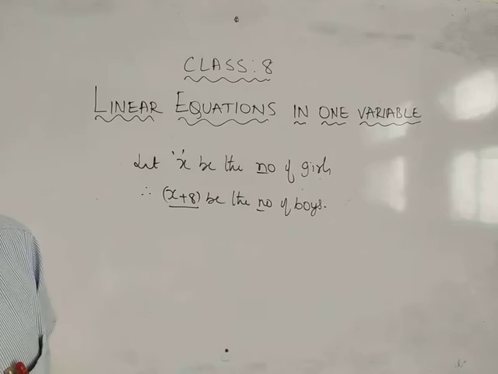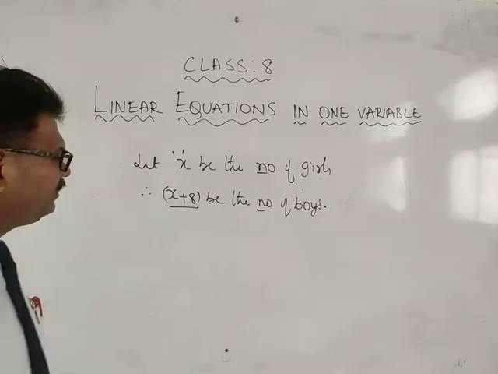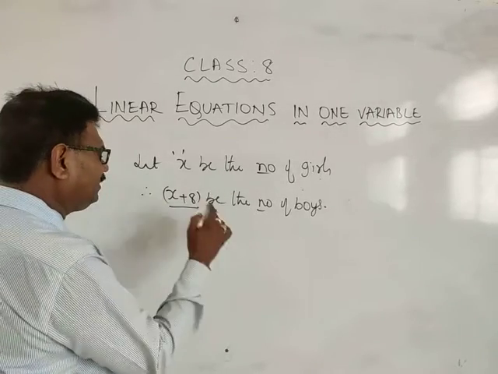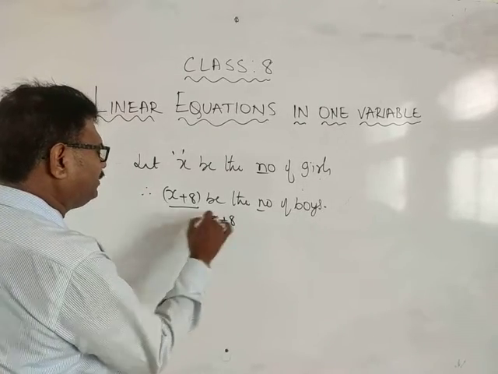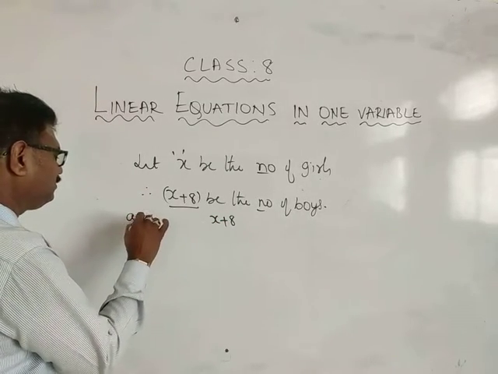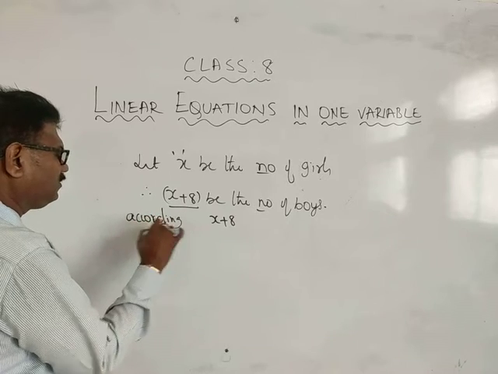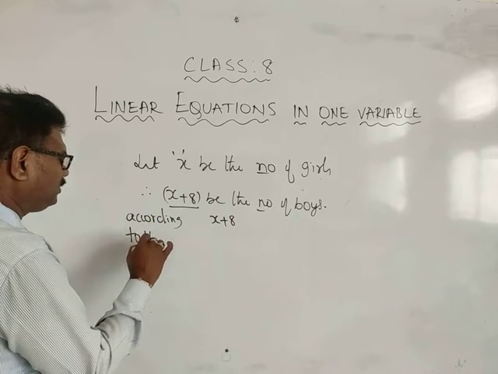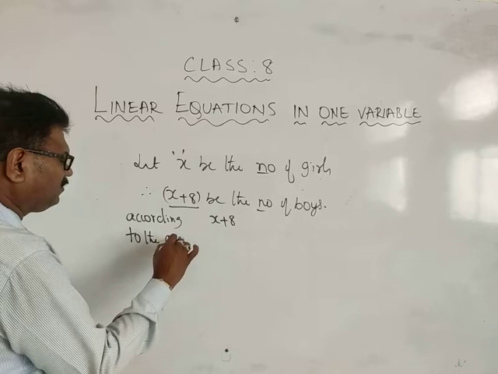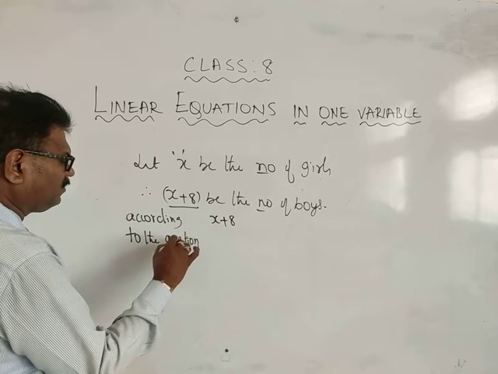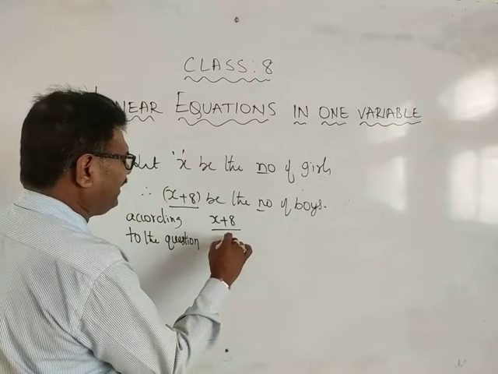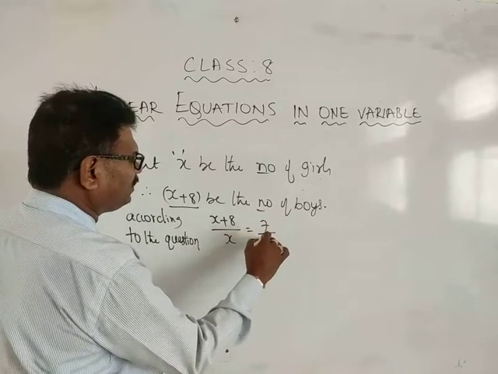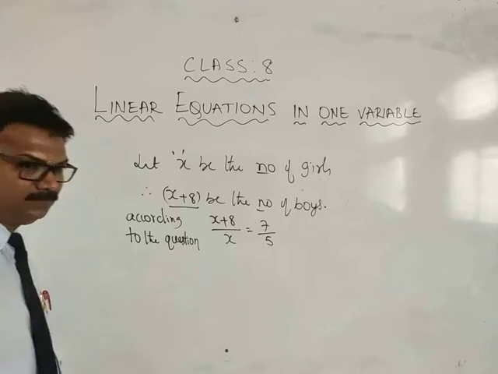Now we can take it. The number of boys and girls are in the ratio 7:5. Therefore, according to the question, x plus 8 divided by x is equal to 7/5.